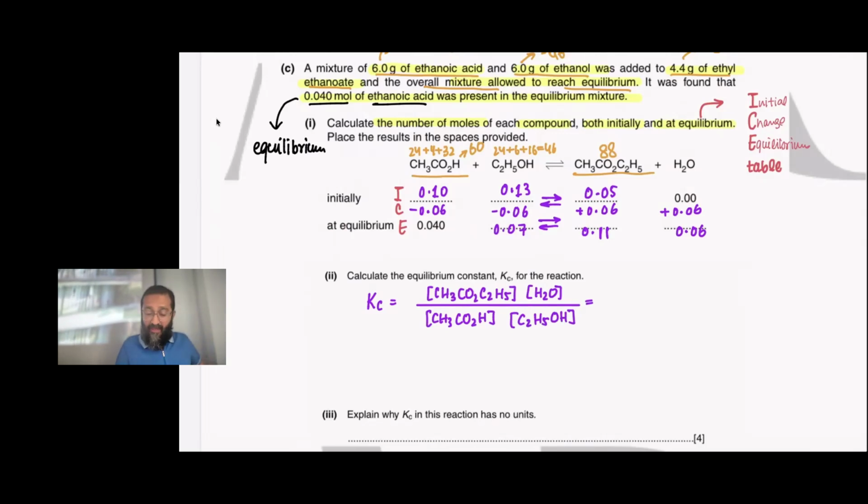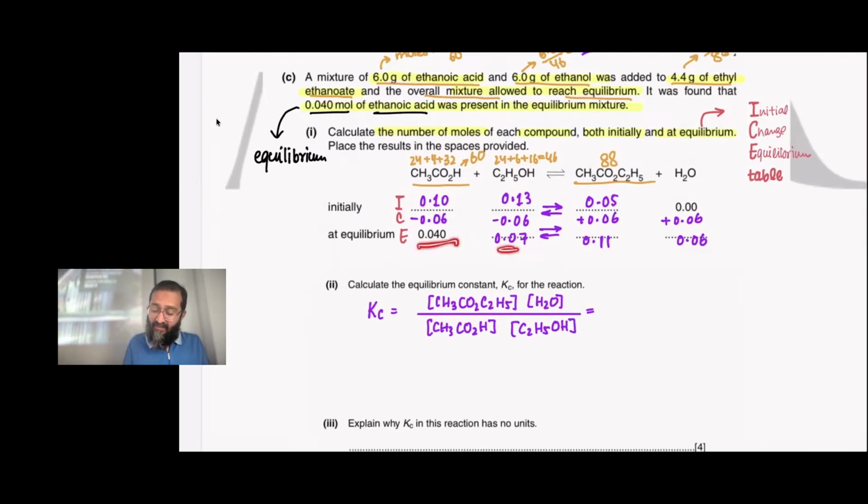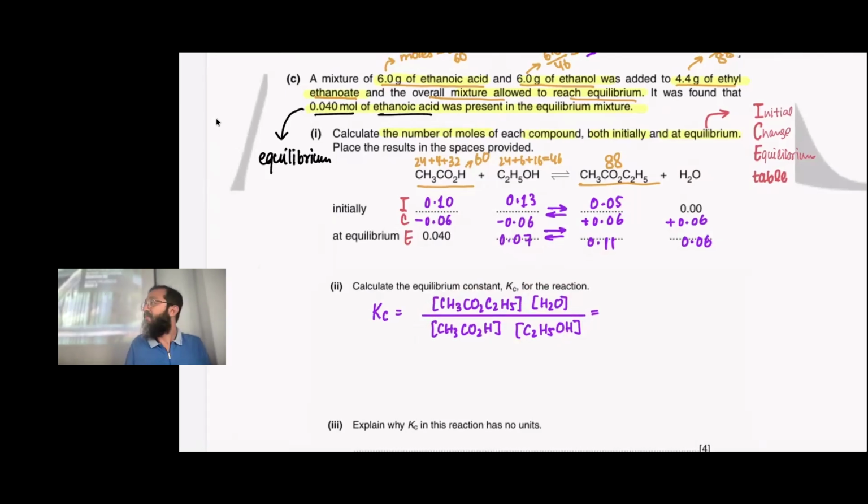Now, another thing: what are these values? These are the values at equilibrium, but which quantities are these? These are the moles. We are not going to put concentrations because the volume actually gets cancelled. If you have no concentration in this equation, you can just go with the moles.